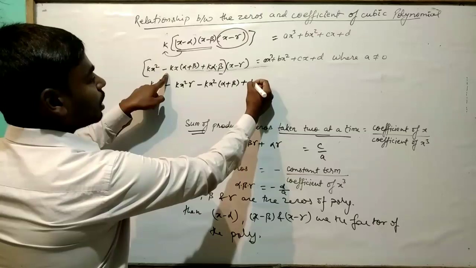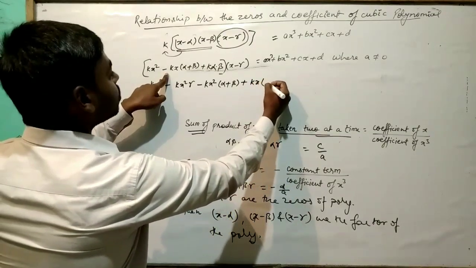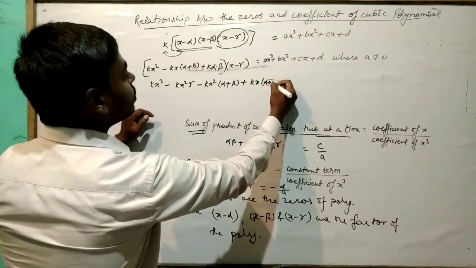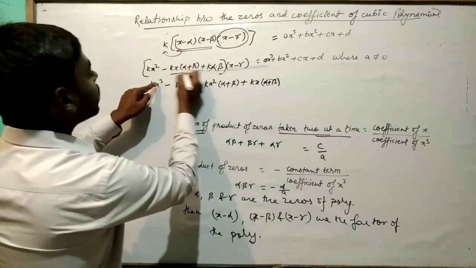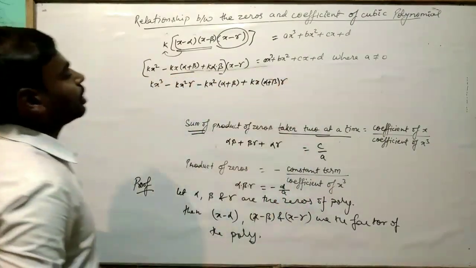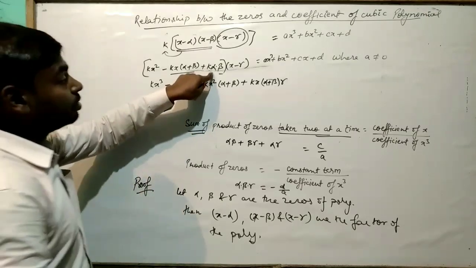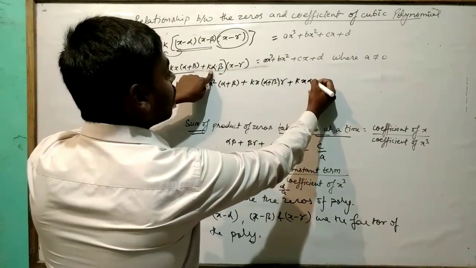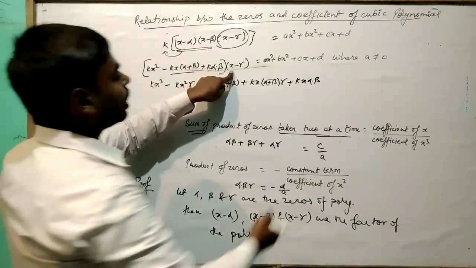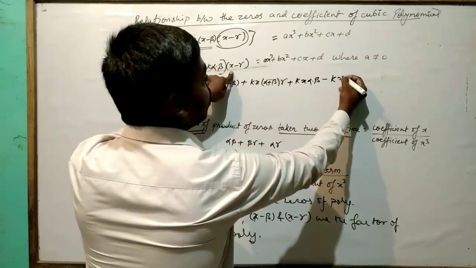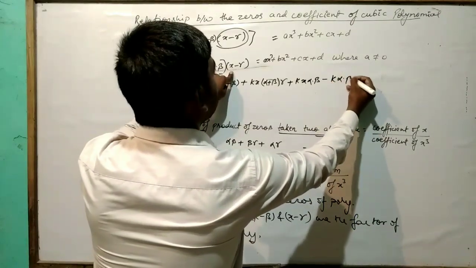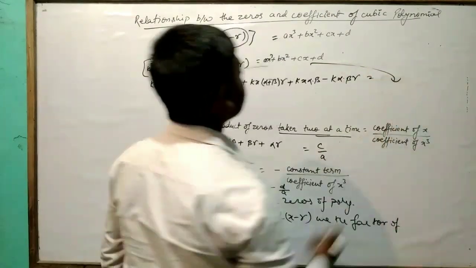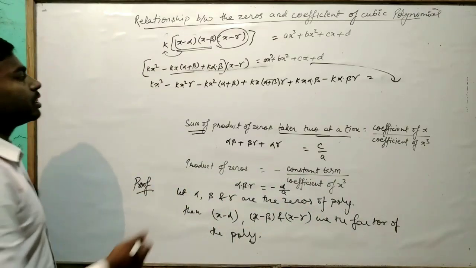Then, minus minus plus, kx alpha plus beta into gamma. After this, the last term is k alpha into beta into gamma, equal to ax cube plus bx square plus cx plus d.